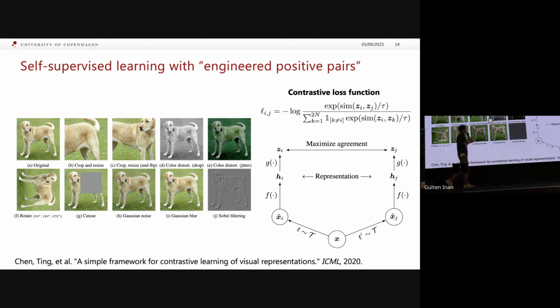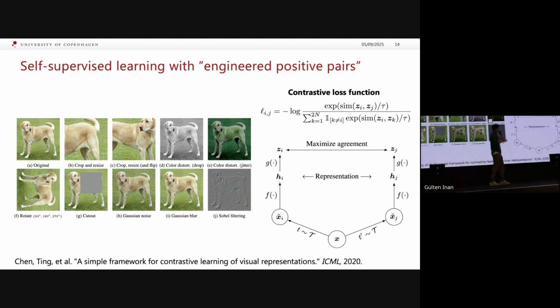So the network would be trained to learn a feature space after encoding it with F here. That would be our encoder. We would get a representation. And in this representation, a positive pair from these artificial augmentations should be close together. So it should be embedded in the space close together. And everything else that is a negative pair should be pushed away.